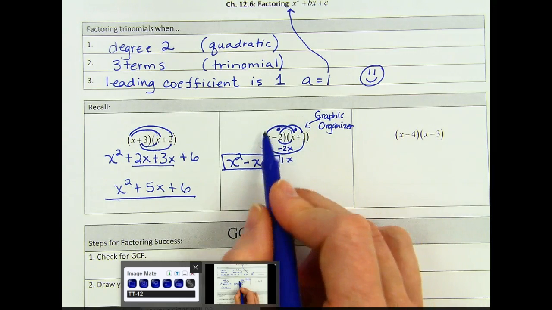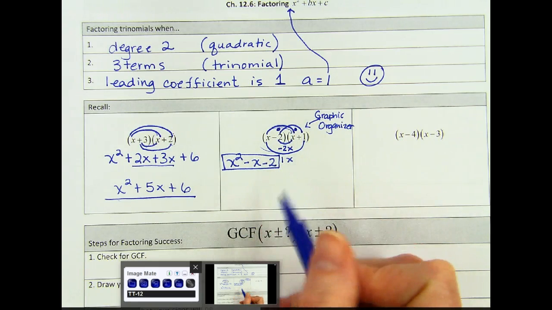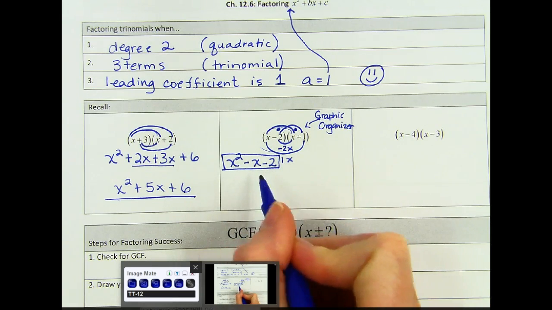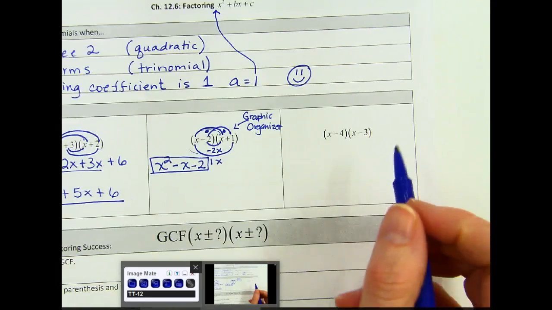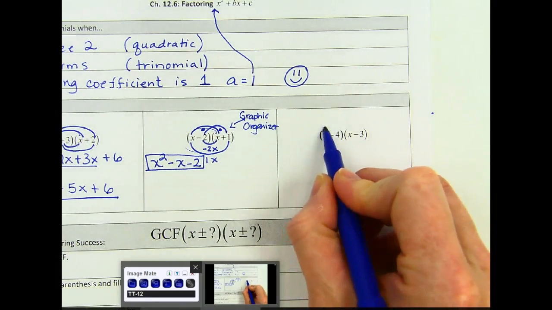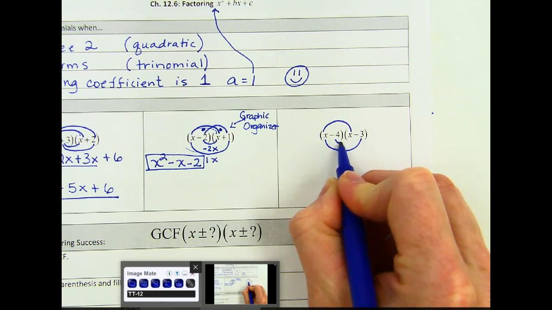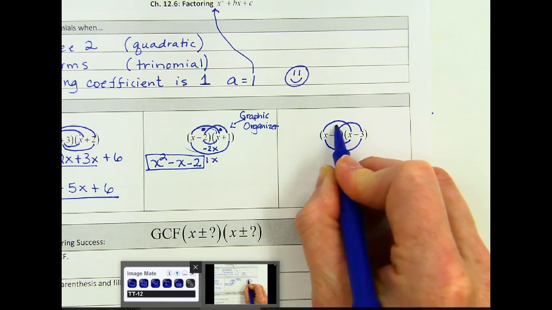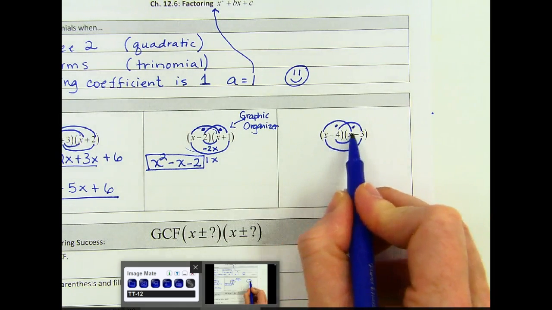So sometimes I call this George, like Curious George. Now, instead of writing out your work, this little graphic organizer lets things happen naturally. So let's look at this one. You have first, outer, inner, last. So there's our little man. So what does our little man tell us? Well, first is x squared.